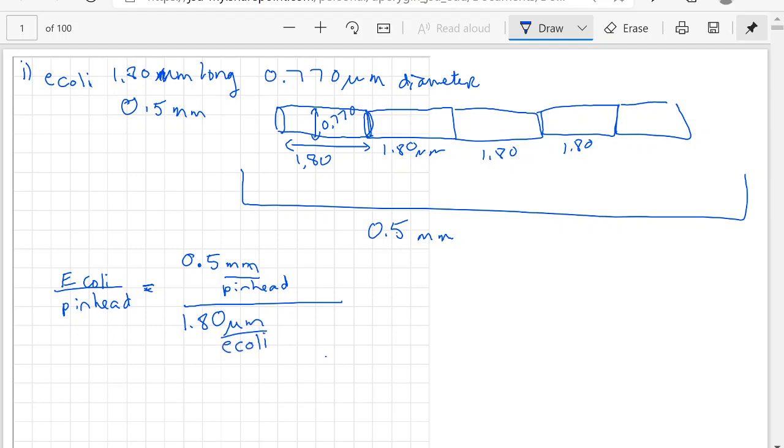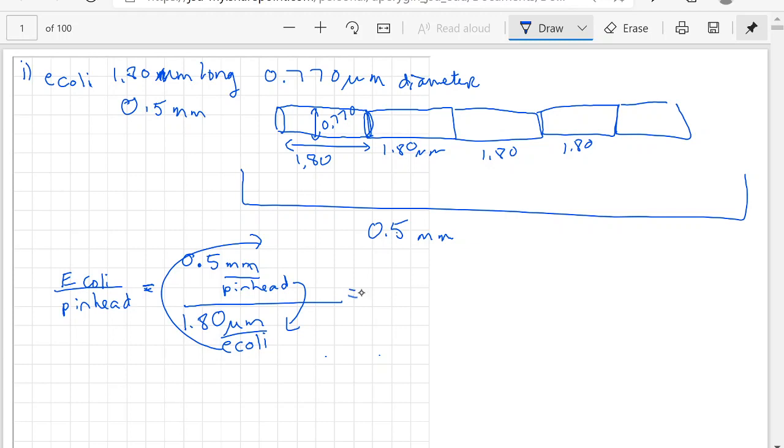Okay, so what does that do? When we work out this fraction, that's going to bring our E. coli back to the top, and our pinhead is going to go to the bottom, and that's going to give us E. coli per pinhead. So that's kind of the trick to this problem. Everything else is just very straightforward.